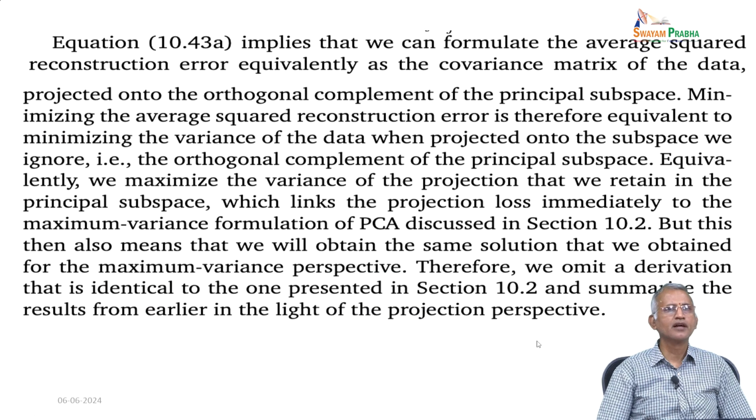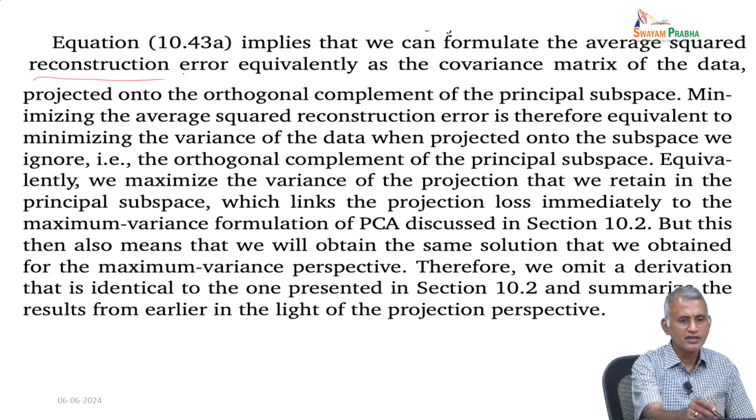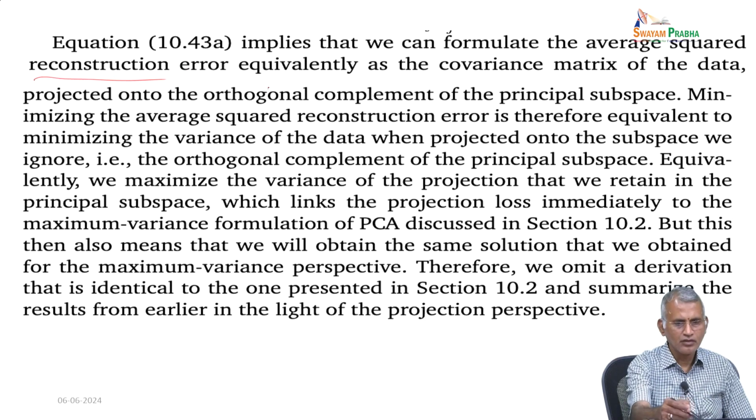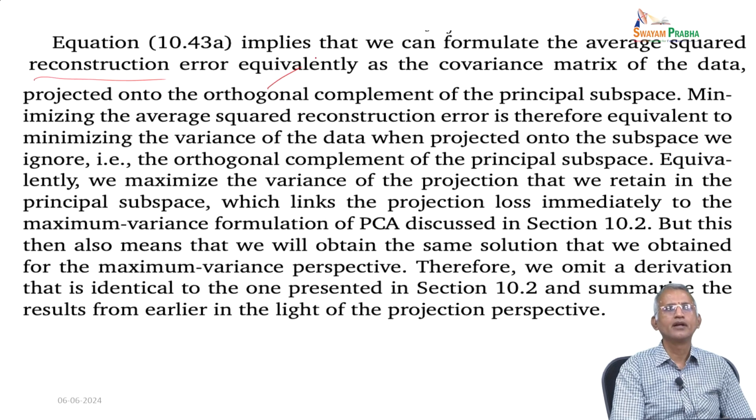So, equation 43 implies that we can formulate the average squared reconstruction error equivalently as the covariance matrix of the data projected onto the orthogonal complement of the principal subspace.